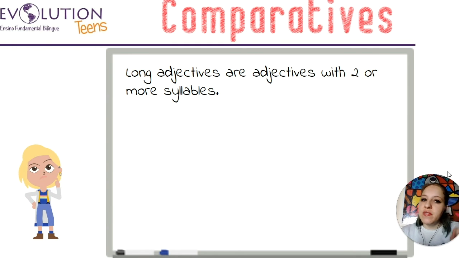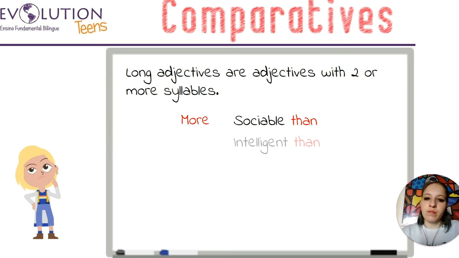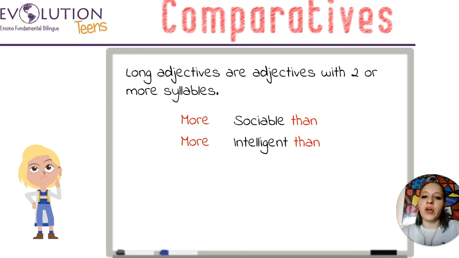Long adjectives are adjectives with 2 or more syllables. So we don't need to add ER. We put more in the beginning. Sociable, we put more sociable than. Intelligent, more intelligent than.